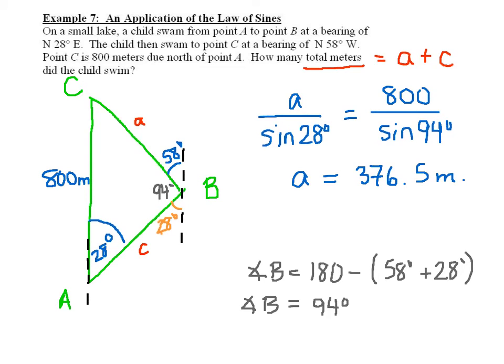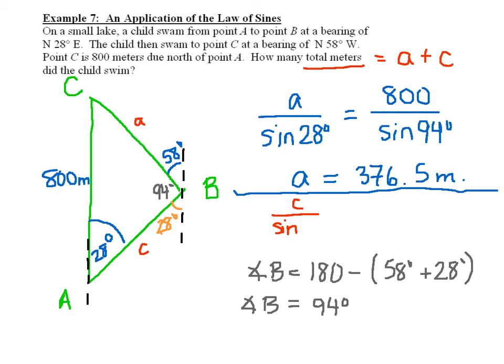Now to find out what side C is, let me do this in a different color here. In order to find out what side C is, we're going to say C over the sine of, well, we need to find out what angle C is.